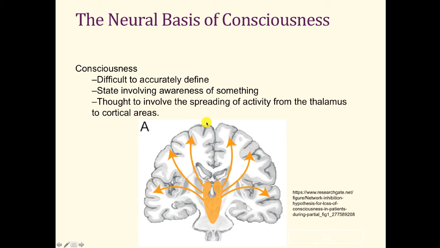So that's one thing that we're going to be learning about, that consciousness is associated with the spreading of activation. If we hear something or see something or feel something, the thalamus, which first receives that information, is going to increase activity in other areas of the cortex.